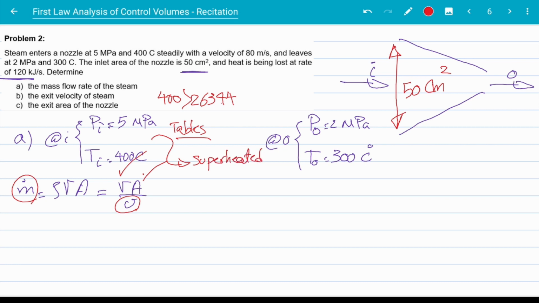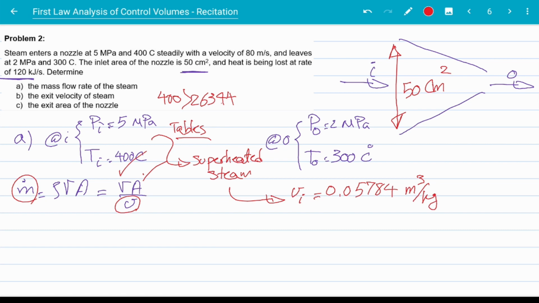So at the inlet, we are dealing with superheated steam. So we go check the tables for superheated steam at 5 megapascals and 400 degrees Celsius, and we get that the specific volume at the inlet is 0.05784 meters cubed per kilogram.